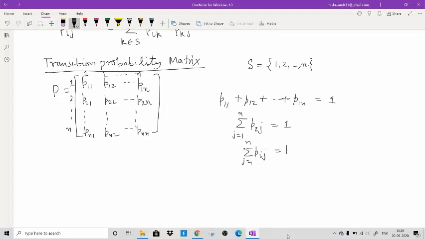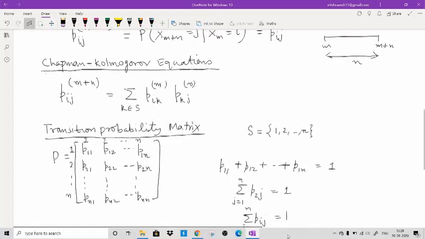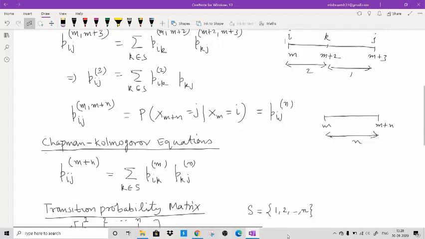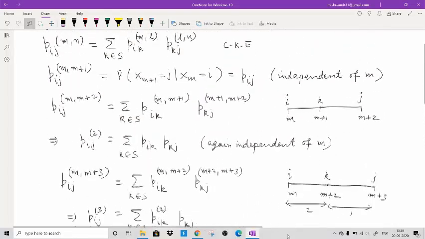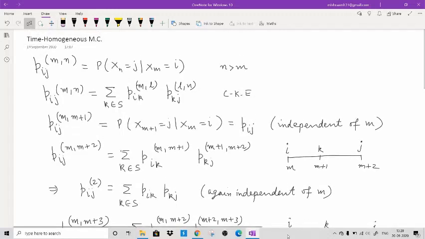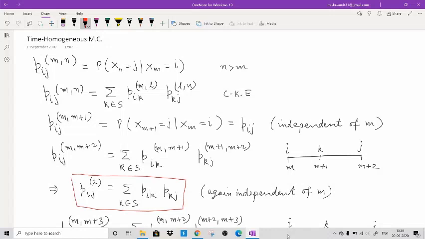Now we will focus on this, because they are independent of time, so they represent the time homogeneous Markov chain. Now if you focus on the equations which we have written here, the first equation we have written here, Pij2 is this, okay.